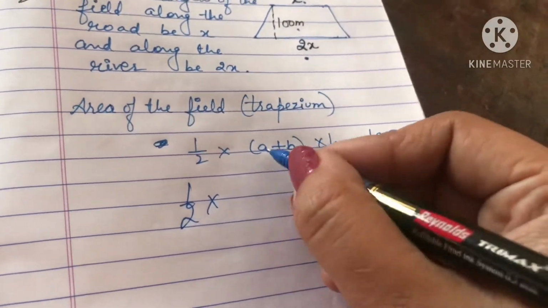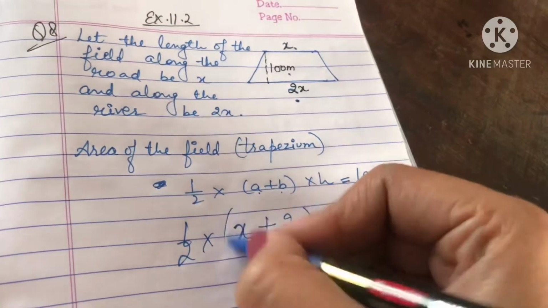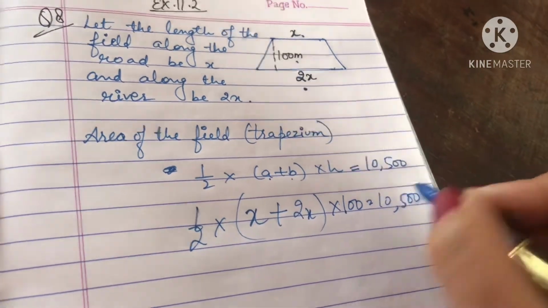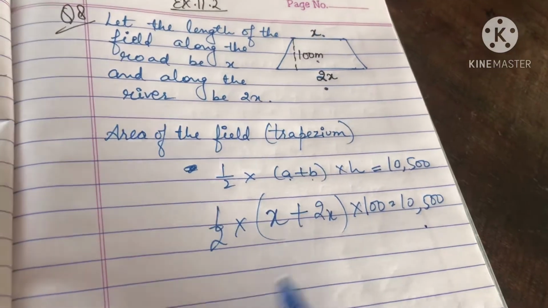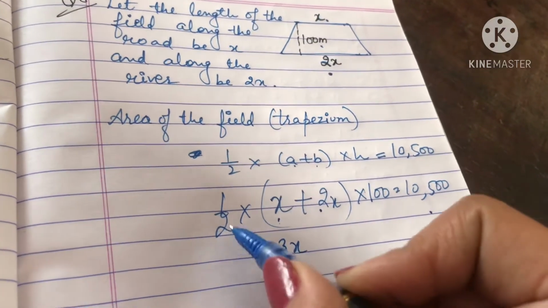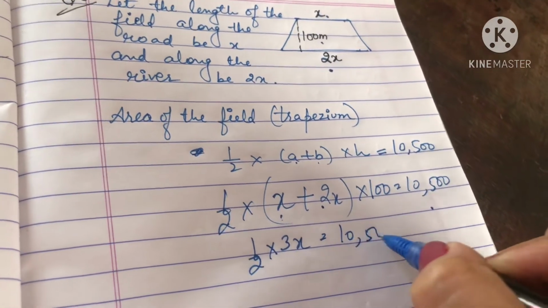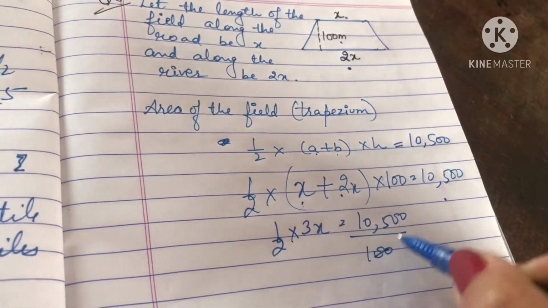Half into, what is A? X, and B is 2x, into height is 100 equals 10,500. It would be better to take this 100 in the denominator so that zeros can be easily cut, and just solve the bracket. 2x plus x, 3x, and this is 1 by 2 equals 10,500 upon 100.